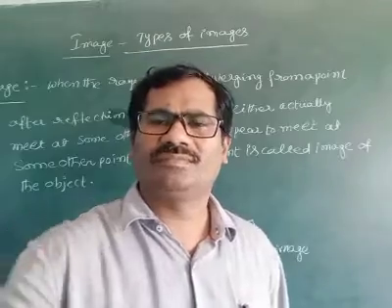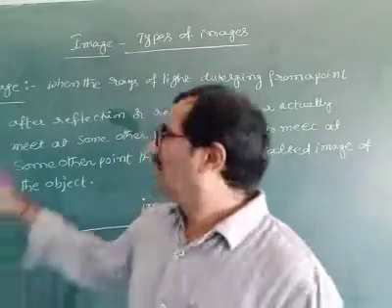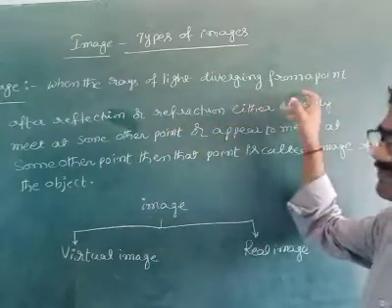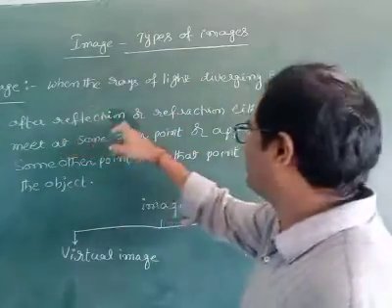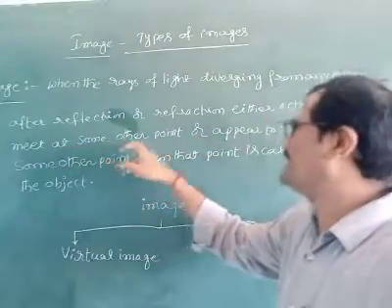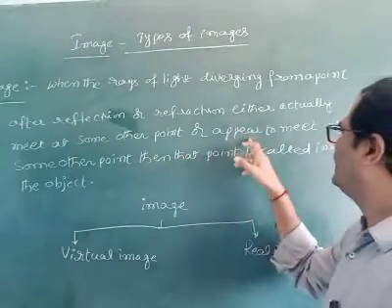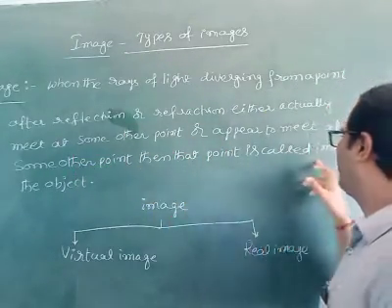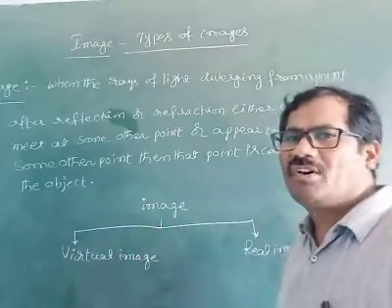See, students. Image: when the rays of light diverging from a point after reflection or refraction either actually meet at some other point or appear to meet at some other point, then that point is called the image of the object.